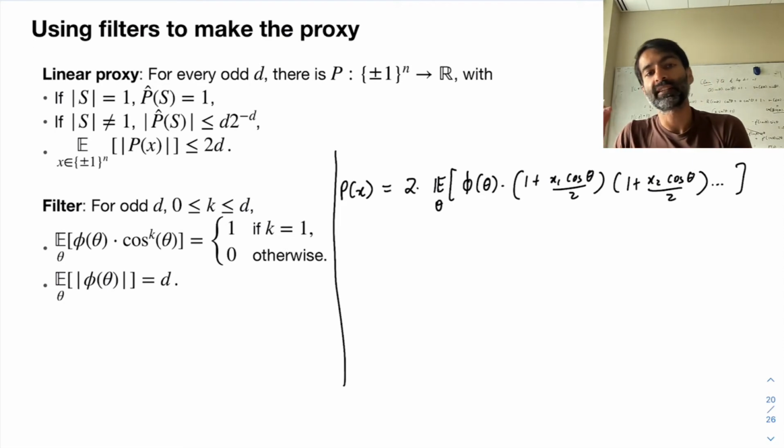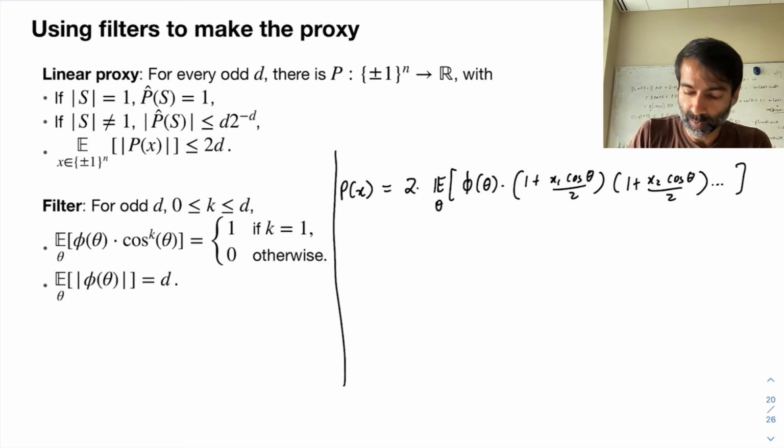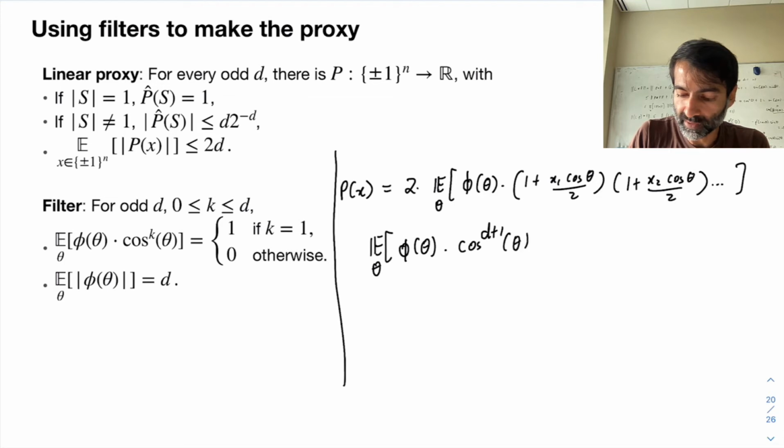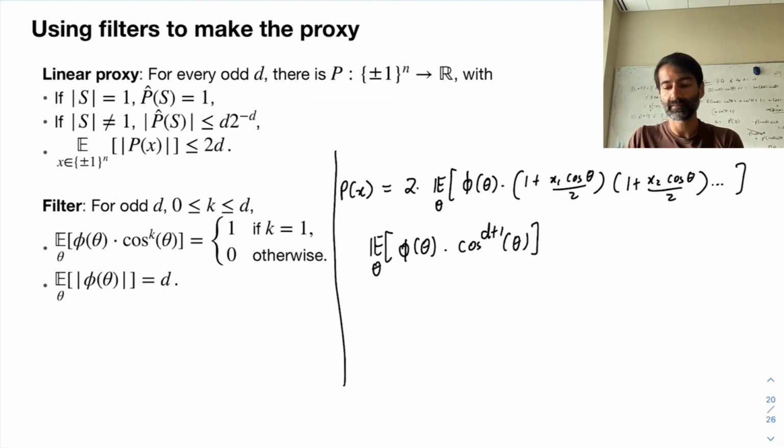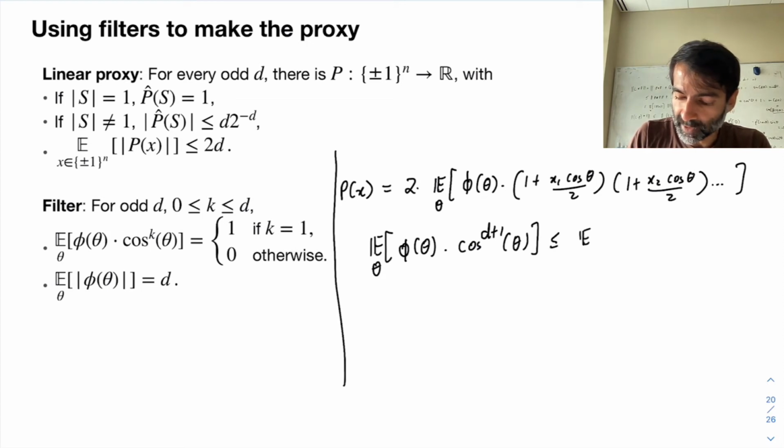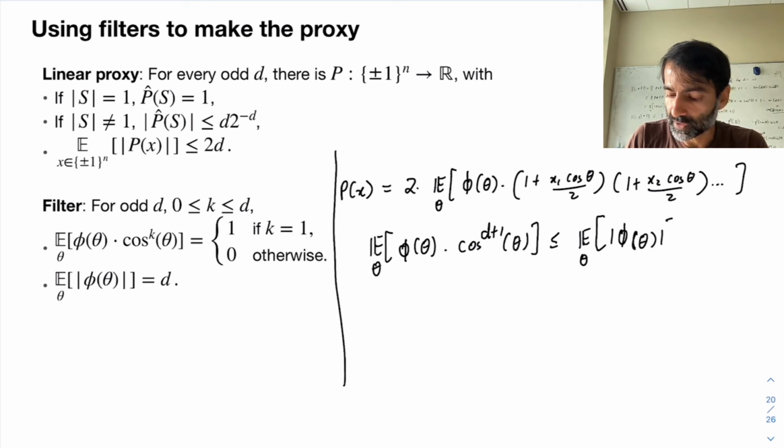For the levels that are higher than d, what ends up happening? Well, if you look at the expected value over theta of phi of theta times cosine of, say, d plus 1 theta, by the triangle inequality it's bounded by the average magnitude of phi theta, which we're promised is equal to d.